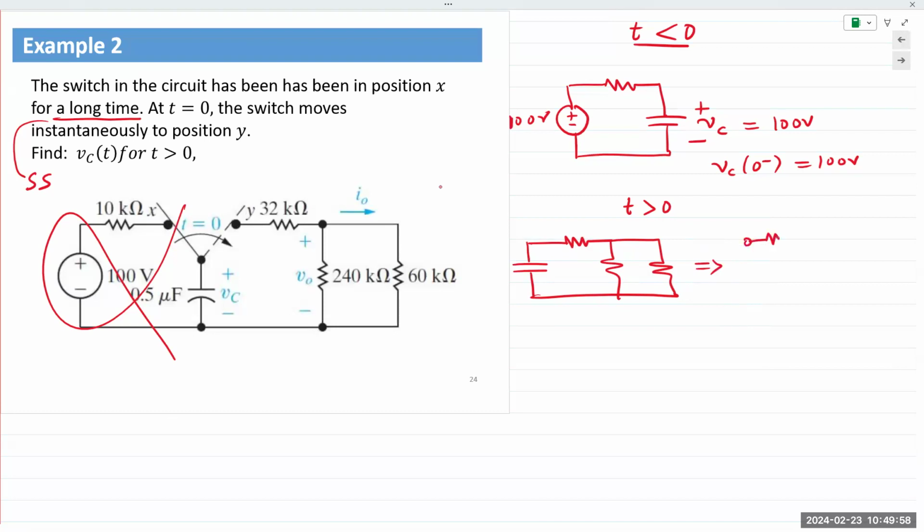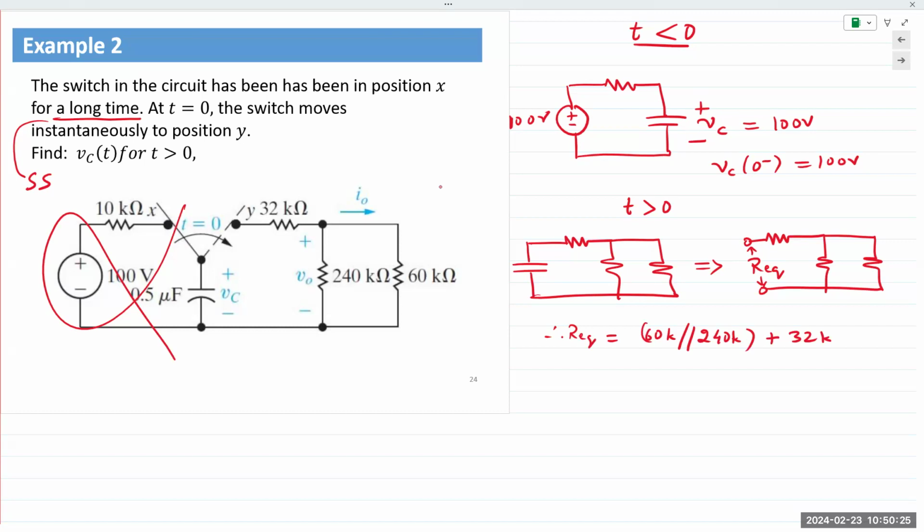Req in this case is given by the 60 kilo ohm resistor in parallel with the 240 kilo ohm resistor, which is then in series with the 32 kilo ohm resistor.